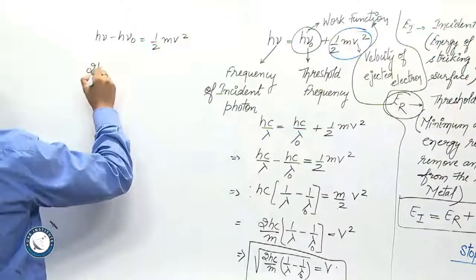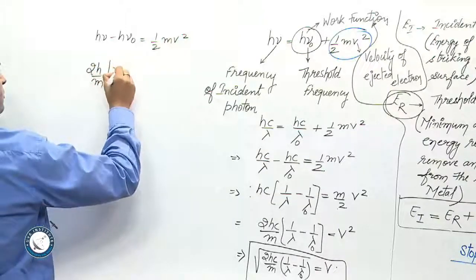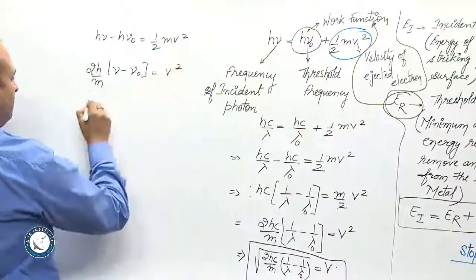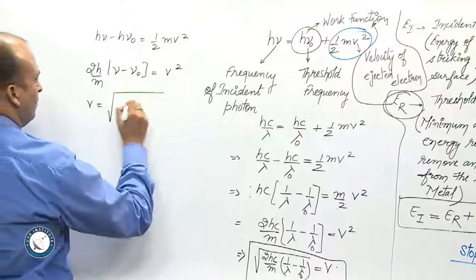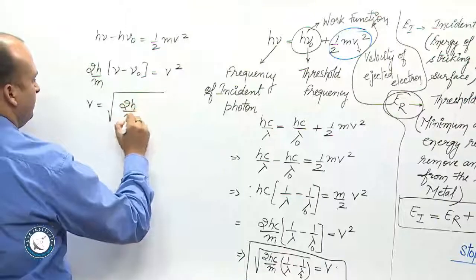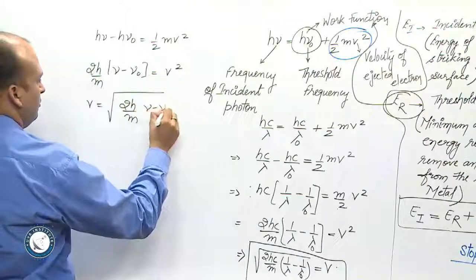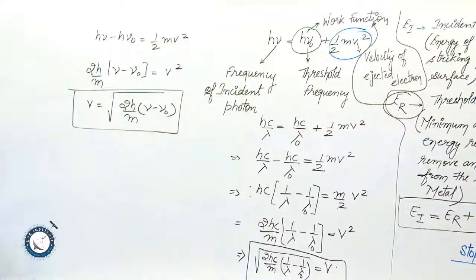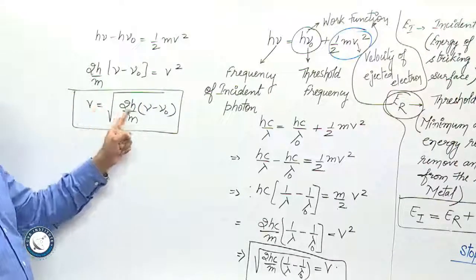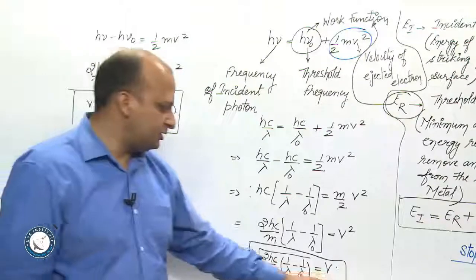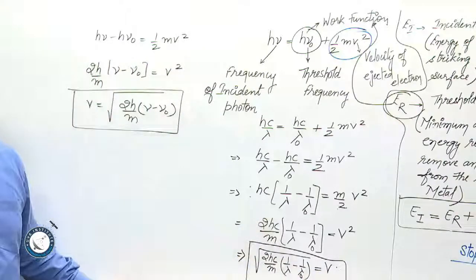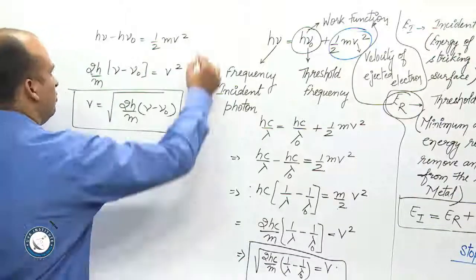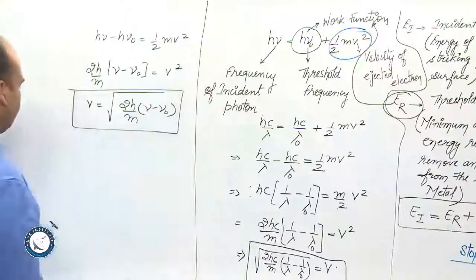So 2h by m, (ν minus ν₀) is equal to v square, or v is equal to square root of 2h by m (ν minus ν₀). So this is the formula of velocity in terms of frequency, and velocity in terms of wavelength. They can ask you this part. Okay. Now, two very important conclusions over here.